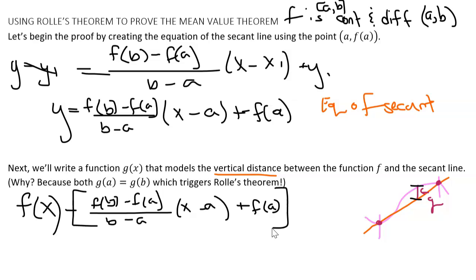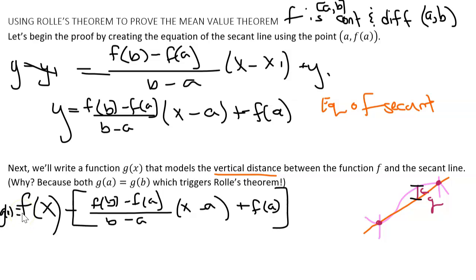Since f is a differentiable function over the interval that we're referring to, g(x), which is just a difference between two functions, is also going to be differentiable and continuous. So if you add or subtract two continuous functions, you're left with a continuous function. If you add or subtract differentiable functions, you're left with a differentiable function. So we can be assured that g(x) is both continuous and differentiable.